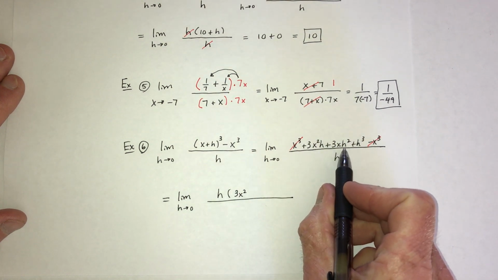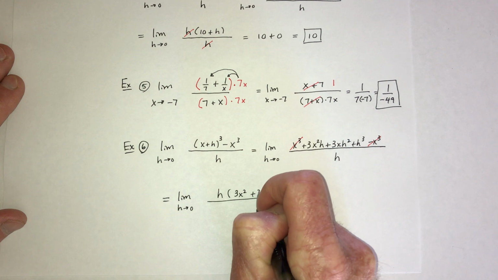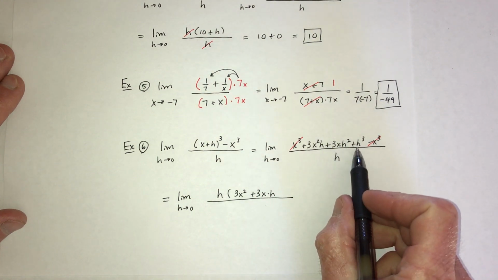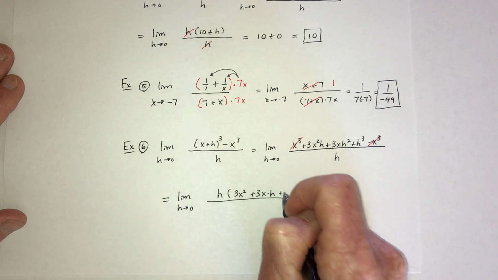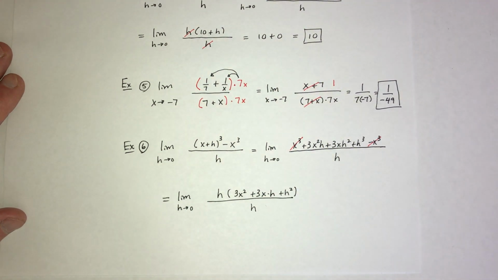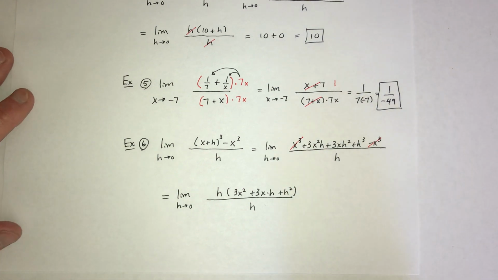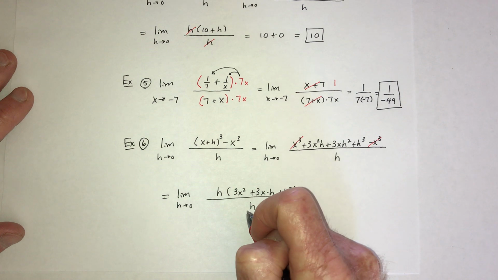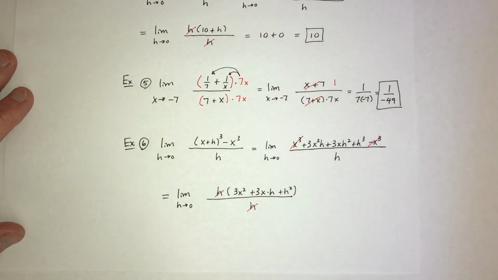This one will have 3x times a single h. And this one will have h squared. And then finally, the reason for doing all of that algebra. The reason is this was causing division by 0, but right now it just got canceled.